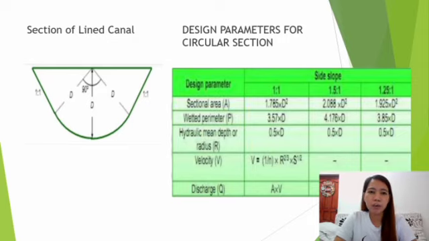These are the design parameters. With a given side slope, these are the equations that we can use to get the sectional area, wetted perimeter, hydraulic mean depth R, the mean velocity, and then the discharge Q. That's for circular.